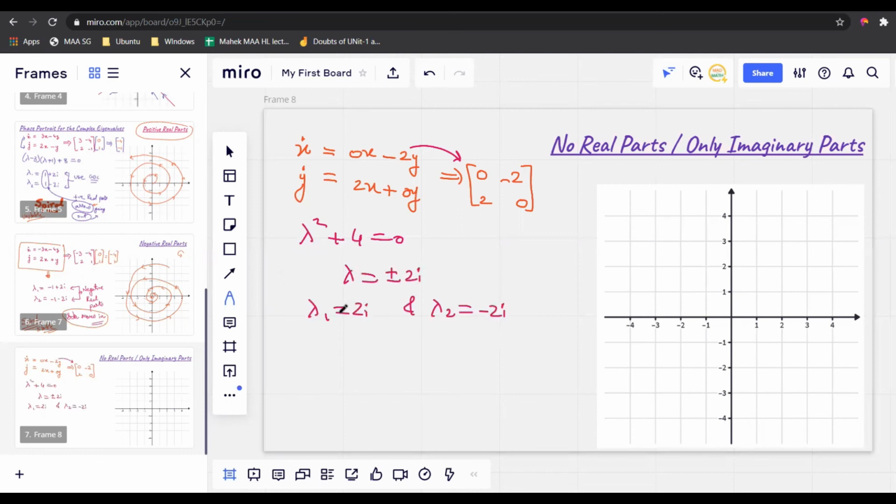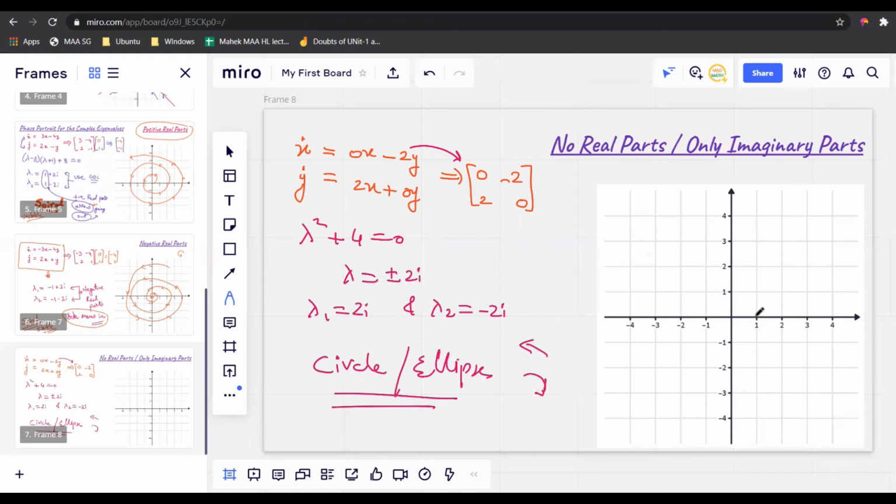When you don't have any real parts and you only have imaginary parts, we always get a circle or an ellipse.